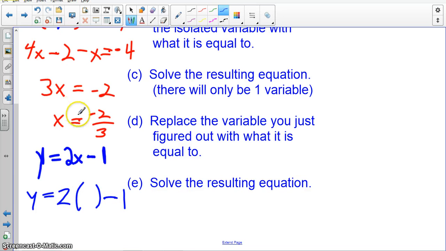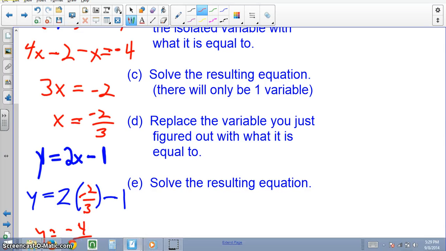This is what I called step E. Negative 4/3.